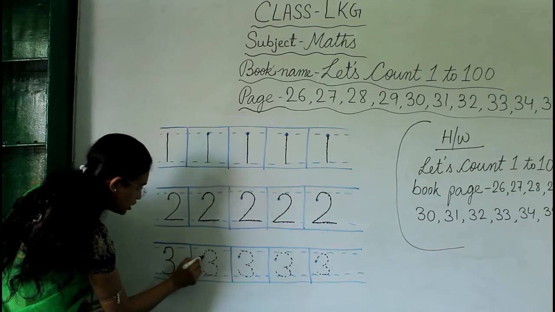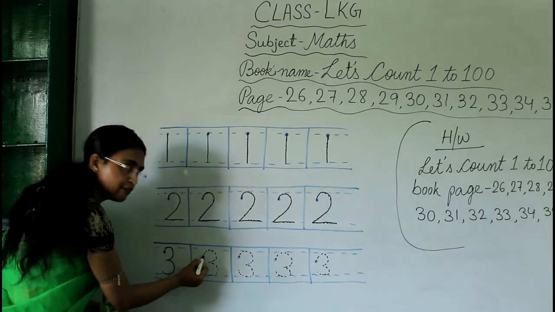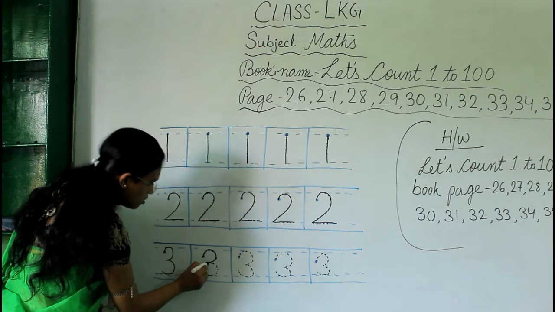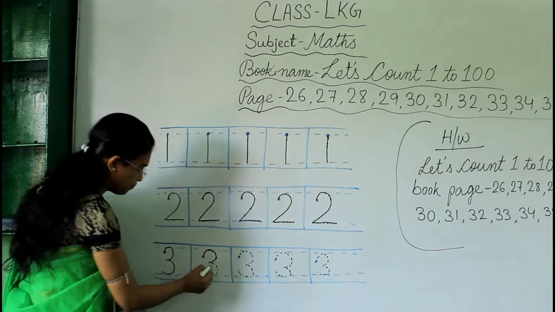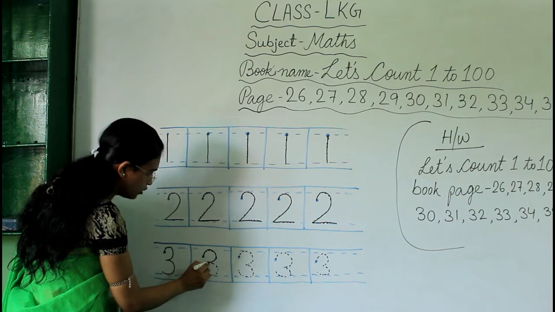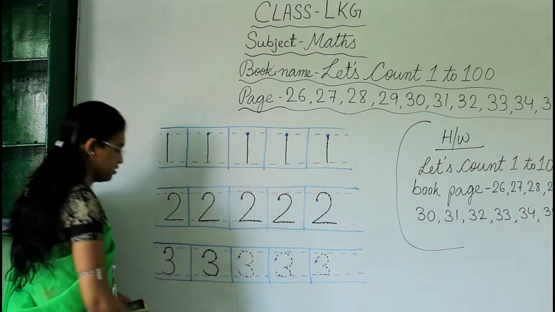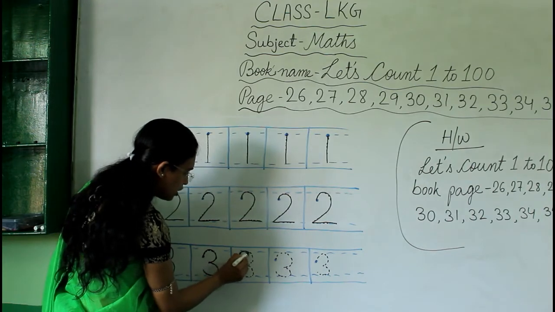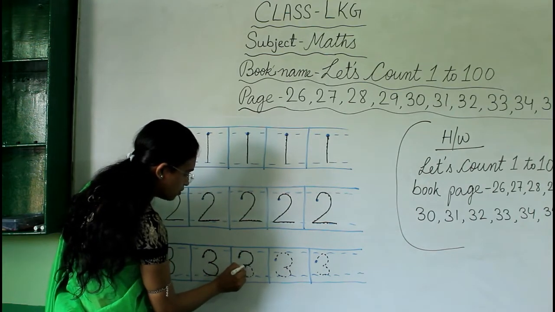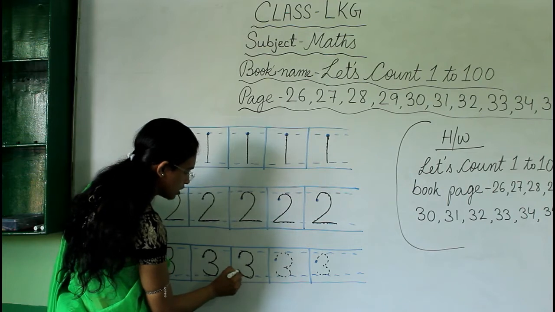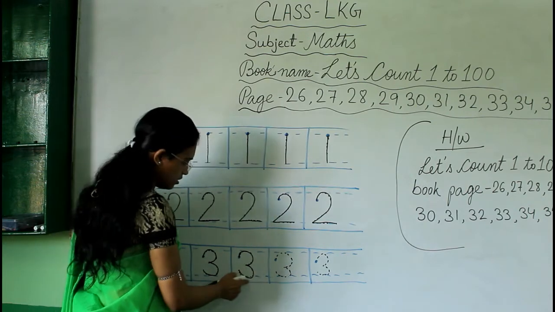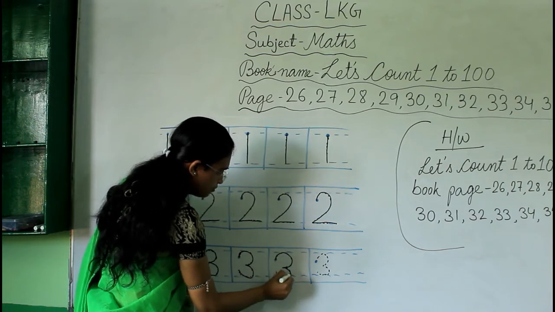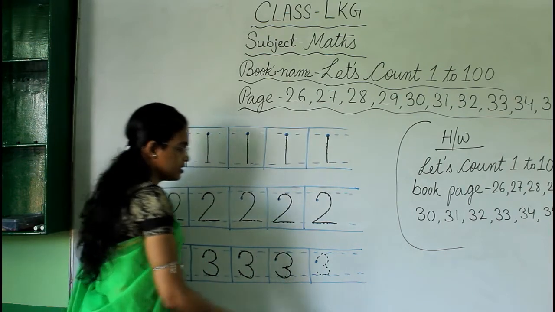So from this dot, what you have to do? You have to first draw a curve. Okay. Then again from there you have to draw another curve. Then it becomes 3. 1 curve, 2 curve. This is number 3.